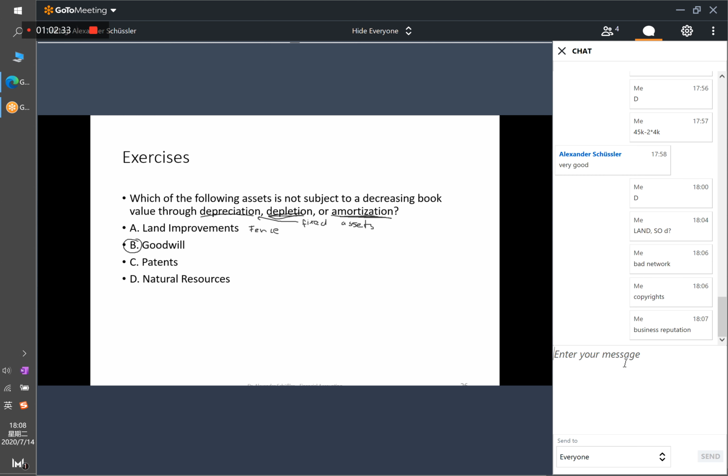Goodwill and business reputation. Goodwill is not amortized. So B is correct. Okay.